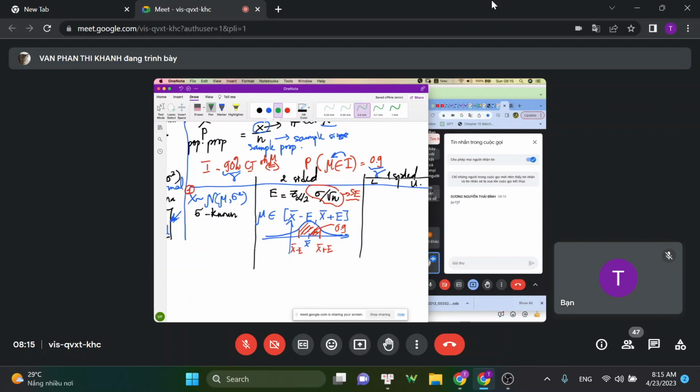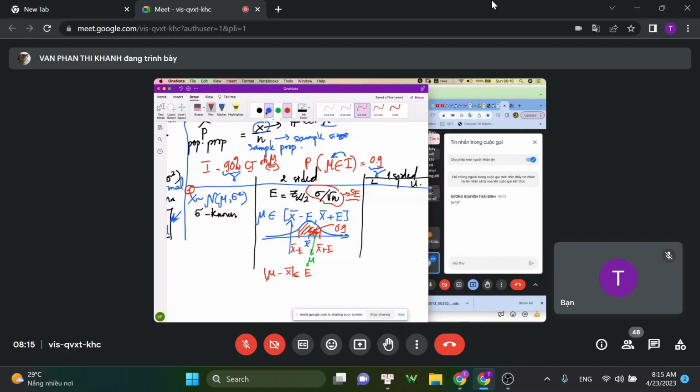And the error in estimating mu using x bar, the error equals the absolute value of mu minus x bar, and it is always less than or equal to E. So please remember that E here is the maximum error when we use this interval to estimate mu, right?